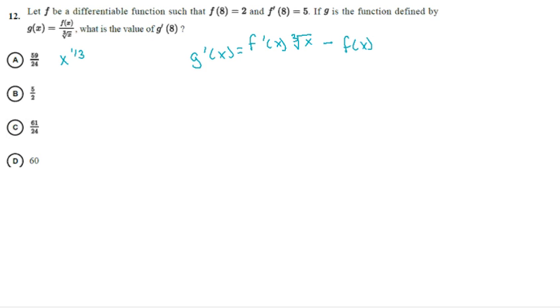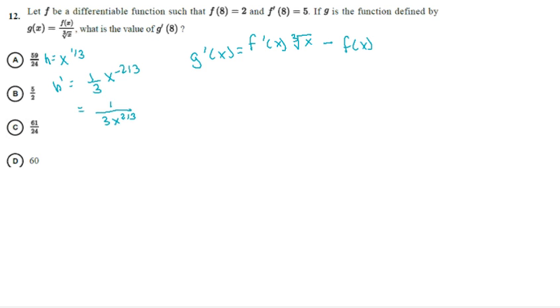Let's just call it h. So h prime is going to be 1/3 x to the negative 2/3, which is one over 3x to the 2/3.